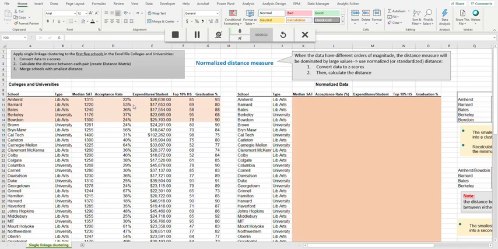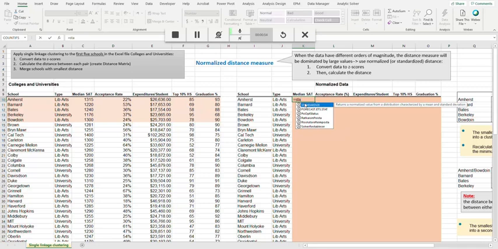In order to do that, we calculate the z-score for each data point, and then we use those z-scores to find the distance. So basically, we replicate the table and find the z-score for each data point. In order to do that, we use the STANDARDIZE function, equal, standardize the value.